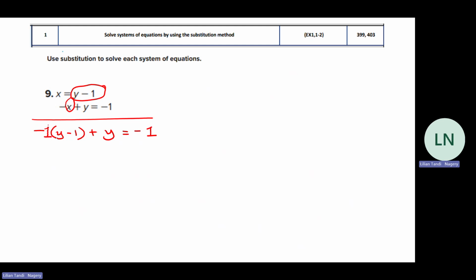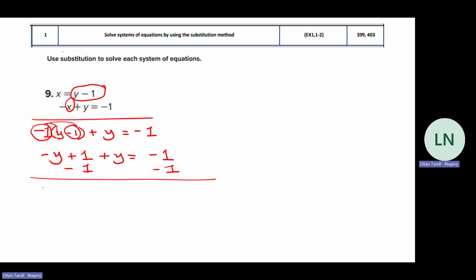So what is negative 1 times y? That will be negative y. What is negative 1 times negative 1? That will be positive 1 plus y equals to negative 1. Subtract 1 on both sides. Then you'll have negative y plus y equals to negative 2.